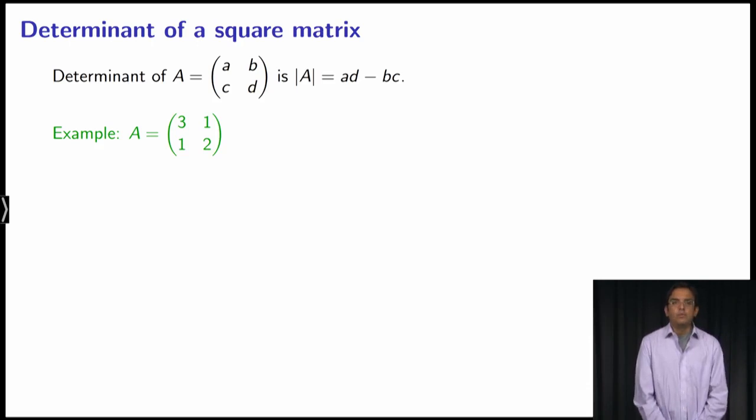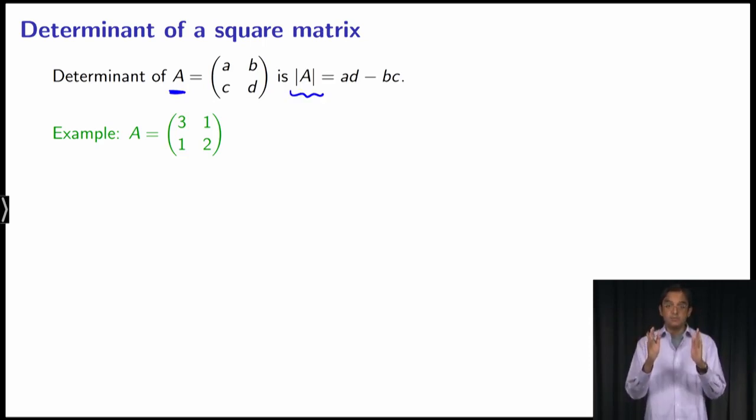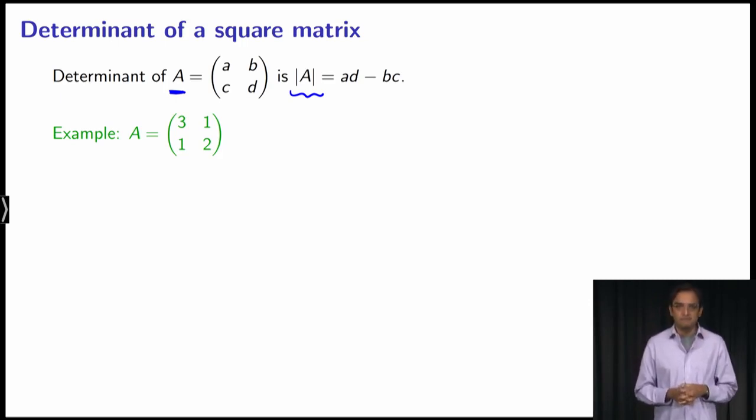Now, one of the key quantities associated with a square matrix is the determinant. So if we have a matrix A, the determinant is just some number, and we represent it using these bars. So we put these bars around A. And you might remember from high school or early college that the determinant of a 2 by 2 matrix with entries a, b, c, d is ad minus bc.